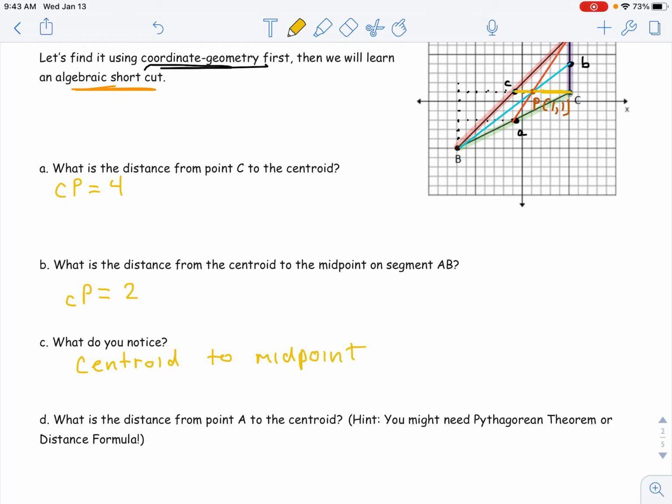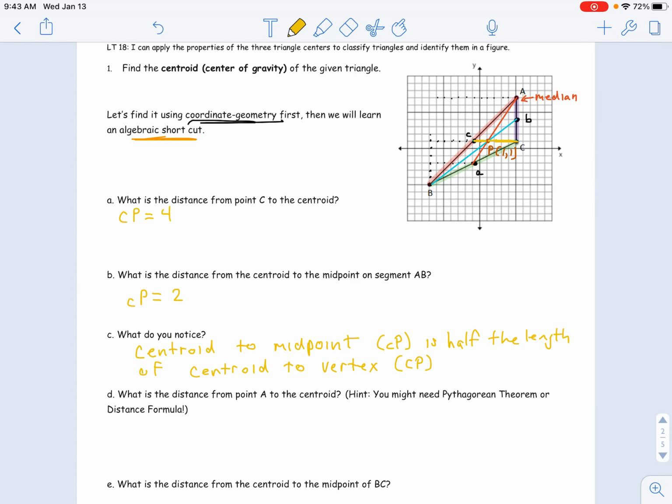Centroid to midpoint, which was lowercase c, uppercase B, is half the length of centroid to vertex, which is uppercase C, uppercase P. All right, so that's what we noticed. And again, 4, 2, it was half the length.